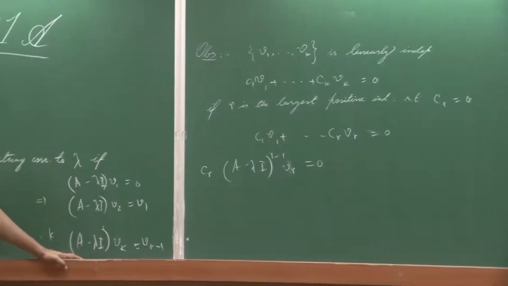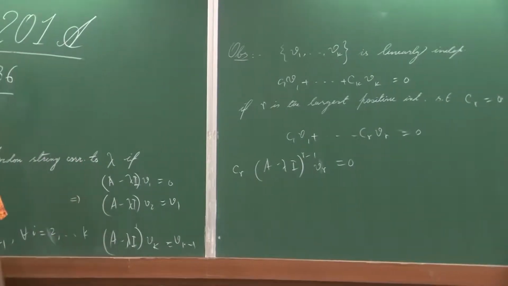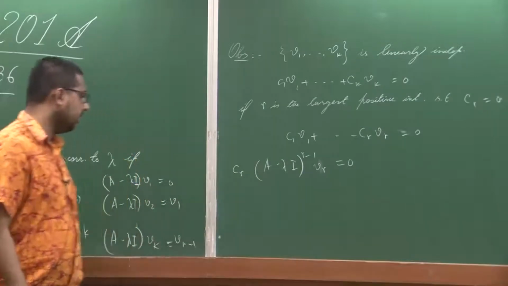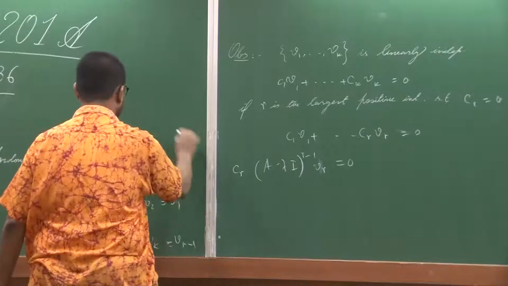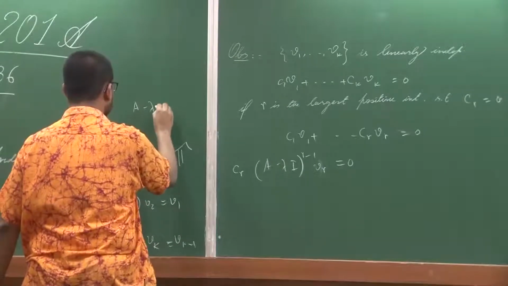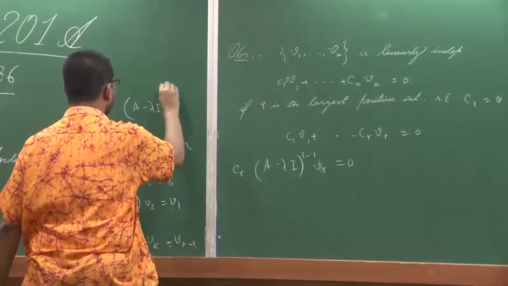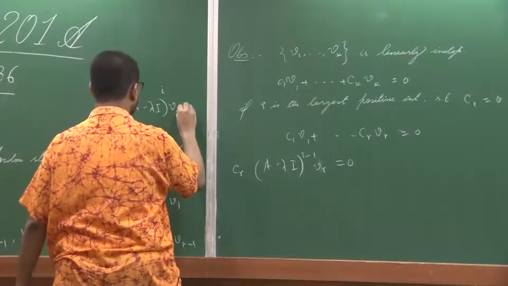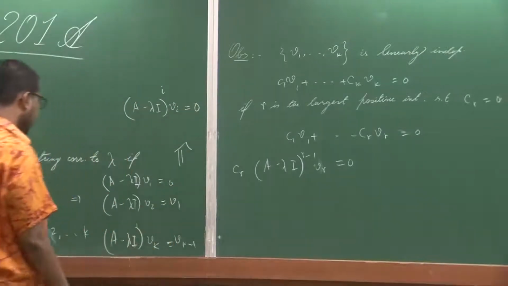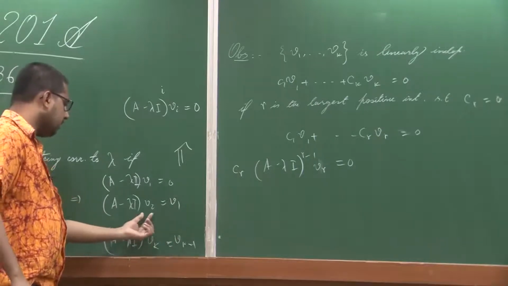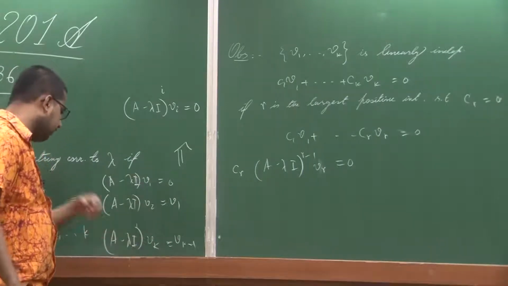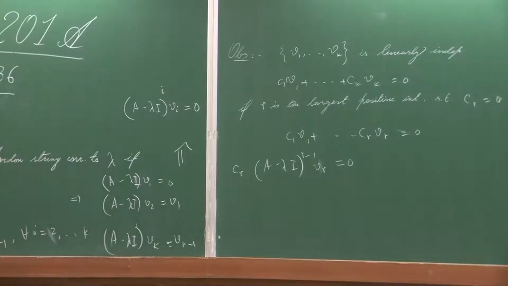Here it is very clear that (A minus lambda I) to the power i times v_i is 0, because at every step it is pushing it one step backwards.